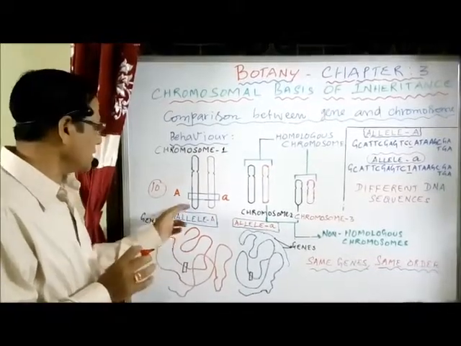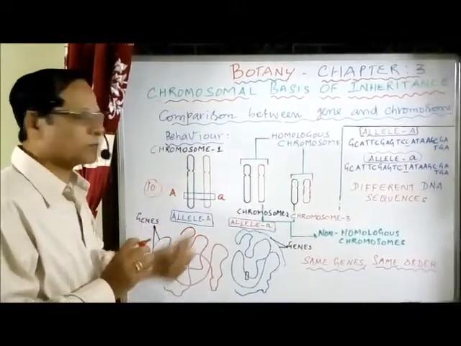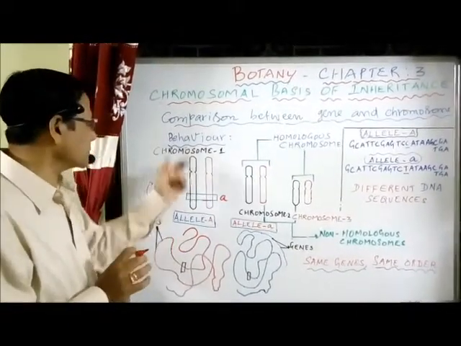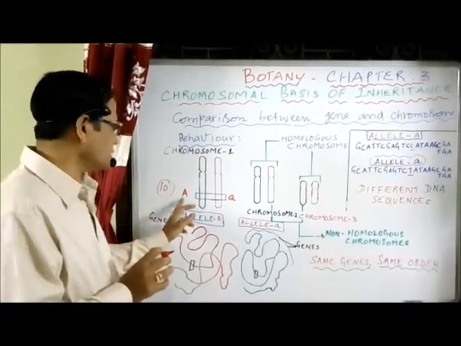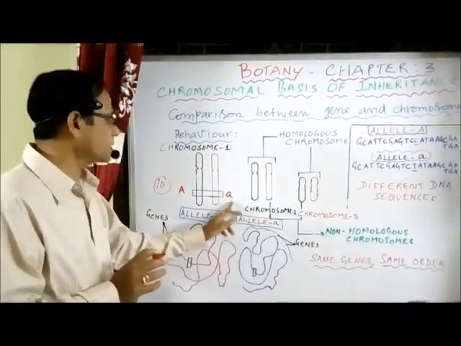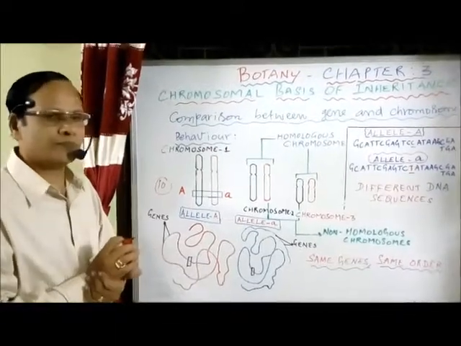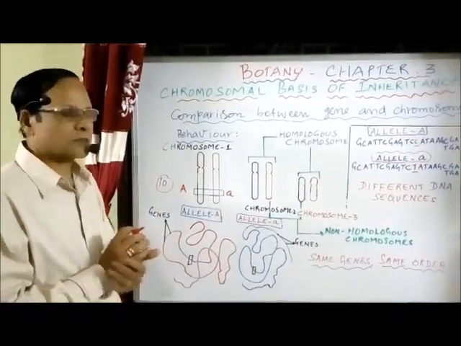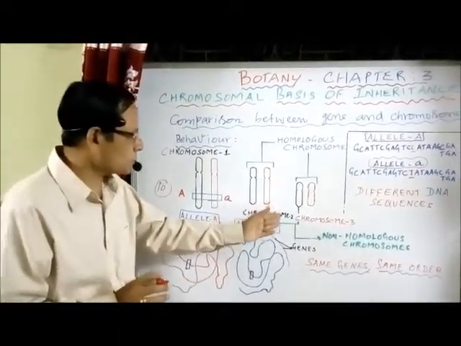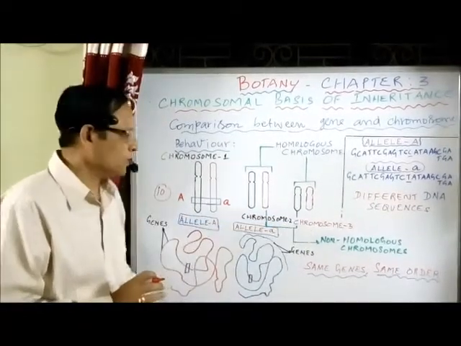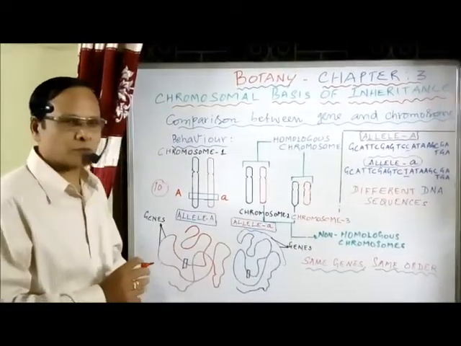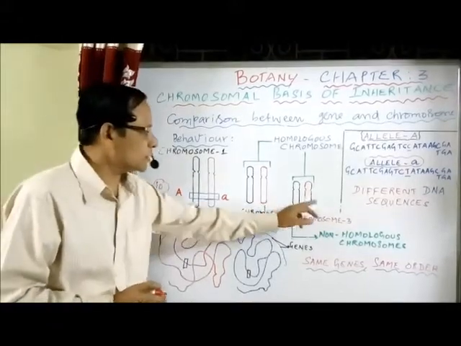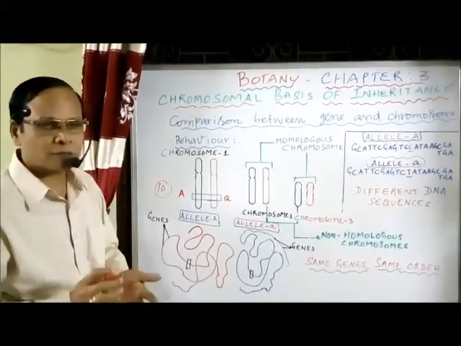So take a pair of homologous chromosomes, chromosome number 1, where we have gene A and a, representing the heterozygous condition. These two are homologous chromosomes. I am representing two more chromosomes, chromosome 2 and chromosome 3. These two are homologous chromosomes of the third pair.